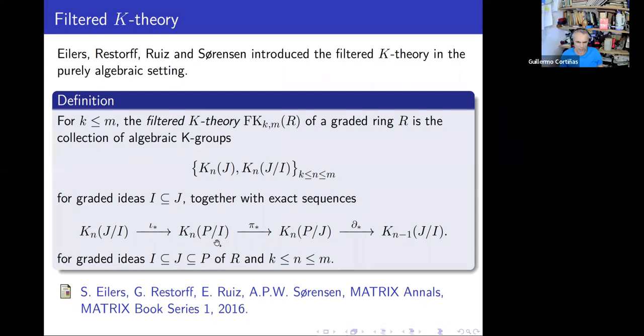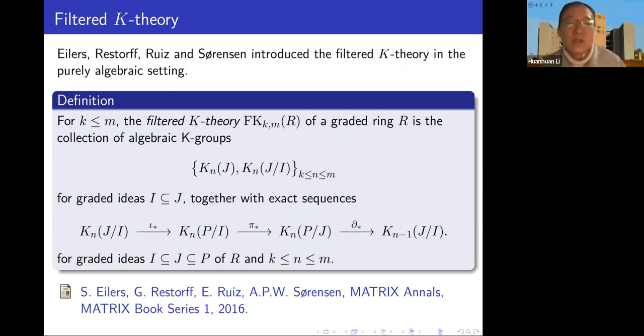You must need some hypothesis so that this sequence exists, right? Because K-theory does not satisfy excision for general rings, right? You're right. As for me, I only consider Leavitt path algebras, so R has some relation so that we have that.